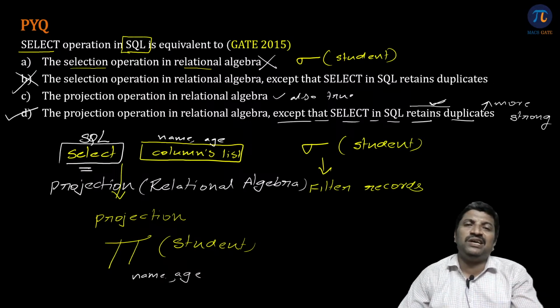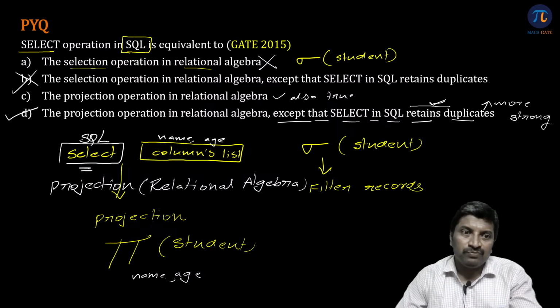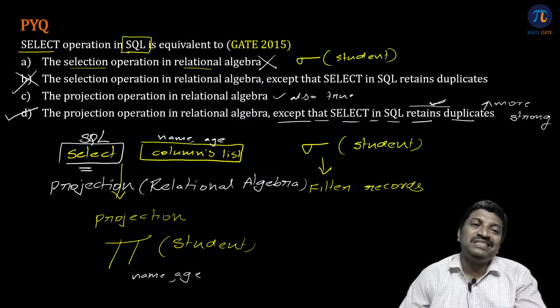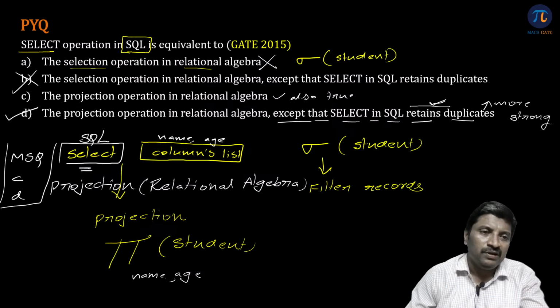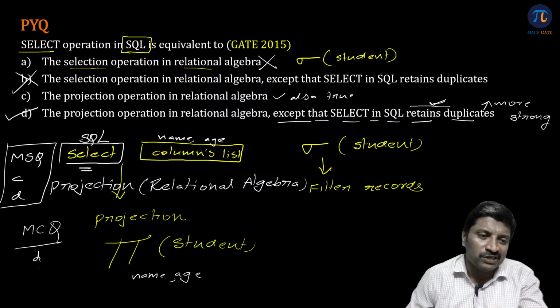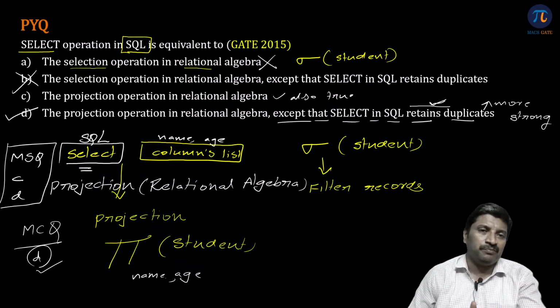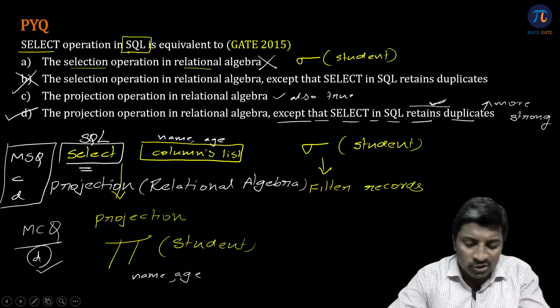Whenever it is an MCQ, we select D. If it is an MSQ, you can select C comma D. If it is an MCQ, because the fourth option is stronger than C, I select D. Hope you understood it.